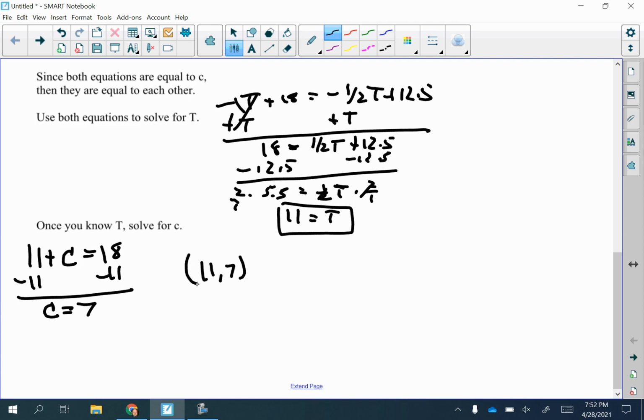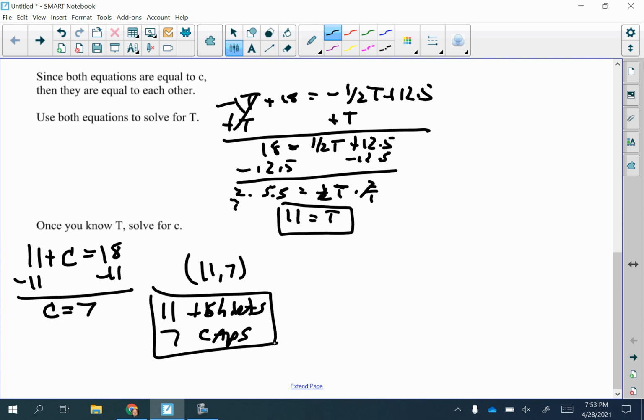Or basically, the question originally asked us was, how many items are we going to have to sell to make that $125 profit? You would have to sell 11 t-shirts and 7 caps. And that would be the combination that would get you a $125 profit.